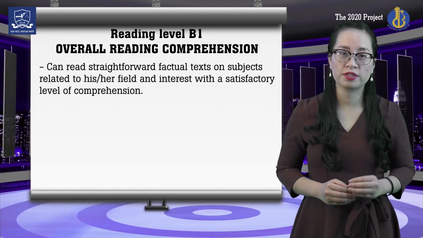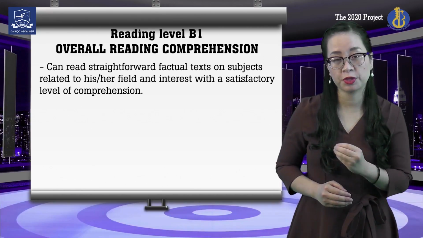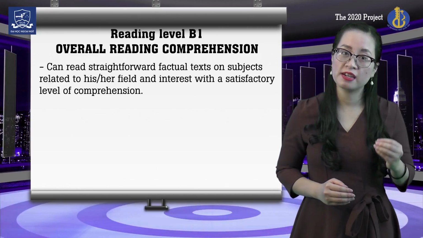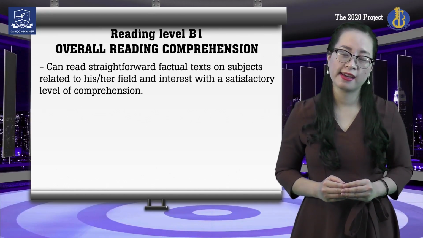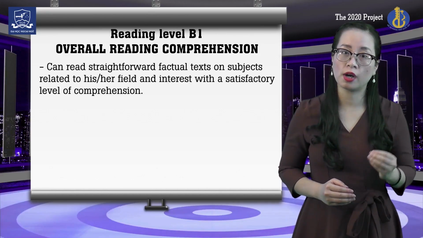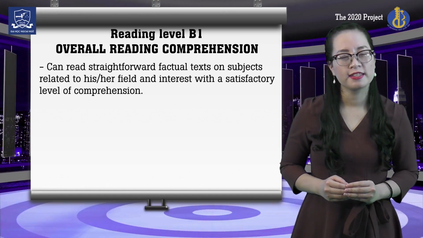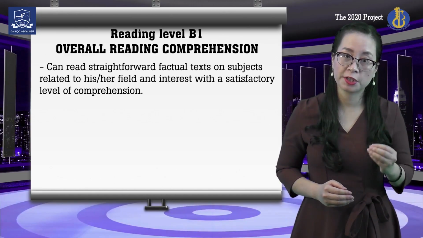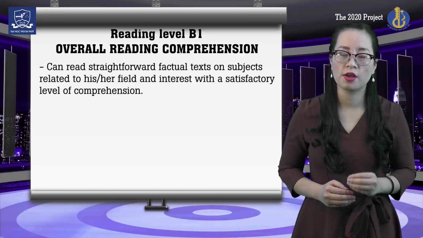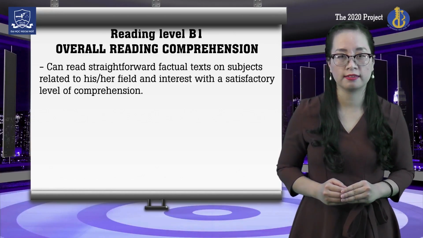Yes, the keywords are straightforward factual text, subject related to his or her field and interest, and satisfactory level of comprehension. So, straightforward factual text means text using or consisting of facts rather than interpretation.